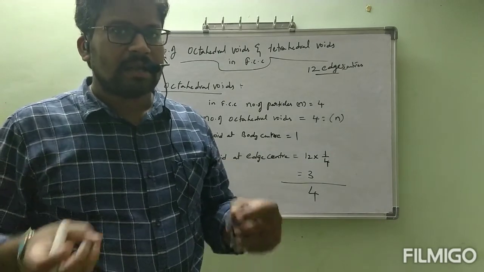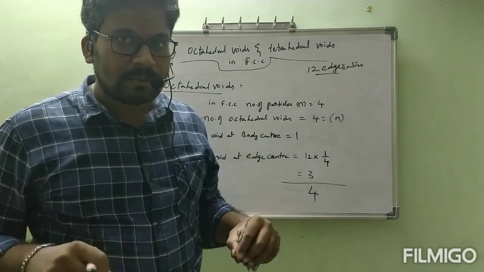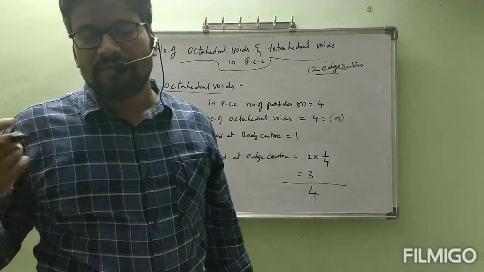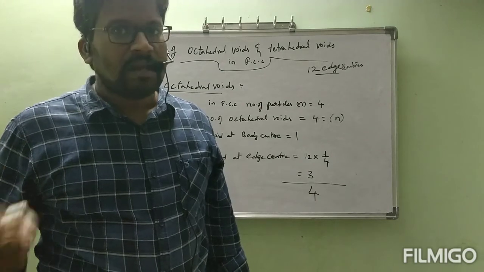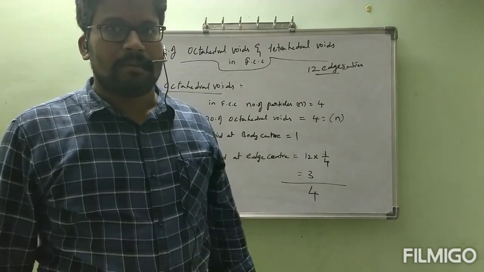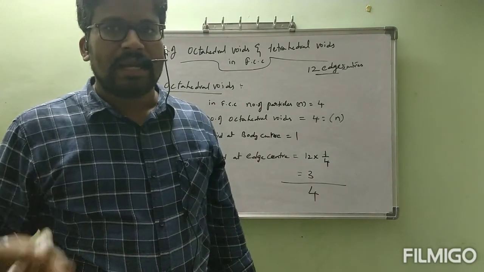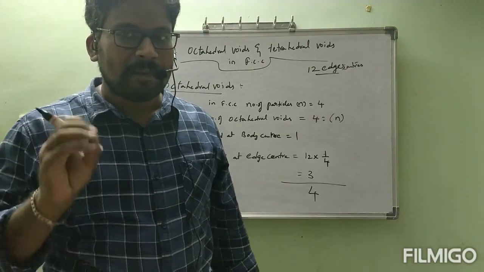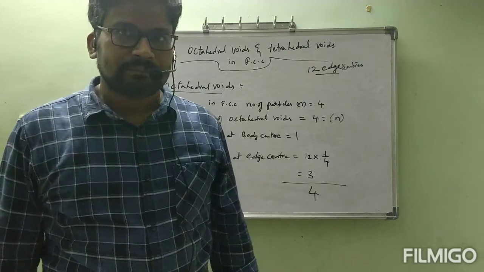If you are not clear, immediately inform me in our group. Then I will see how many students didn't understand. Even if one student, she or he, didn't understand, immediately I will explain once again. No problem. Okay. One day it will lag. Hardly. By that, nothing will happen. But you have to understand everything.